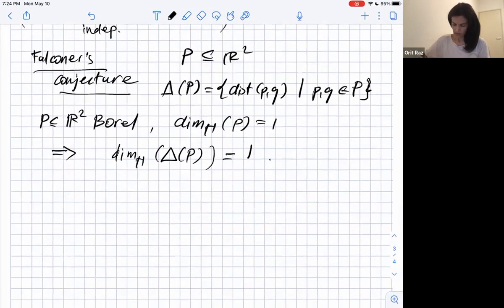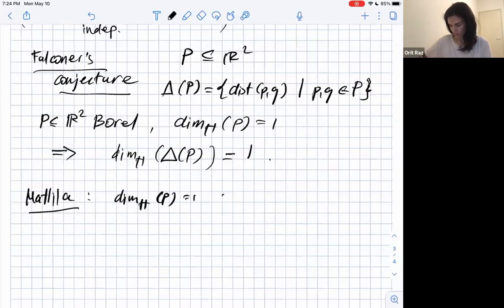And currently the best, so there is a result of Mattila, who proved that if the Hausdorff dimension of P is 1, then the Hausdorff dimension of delta of P is at least half.